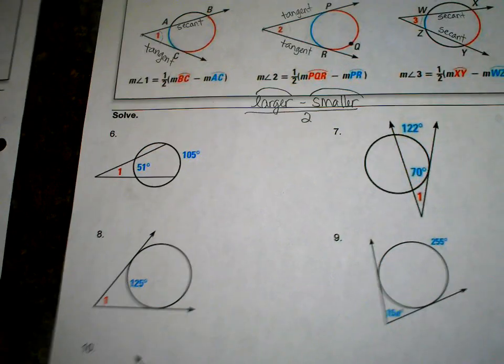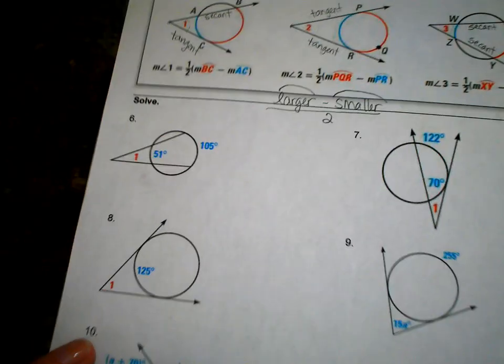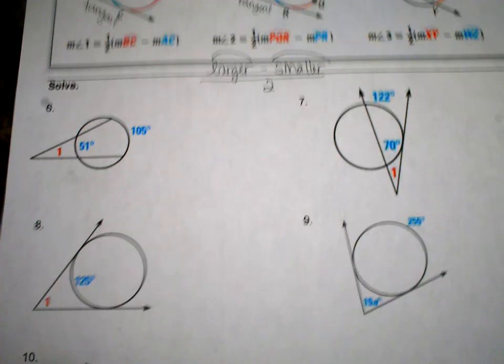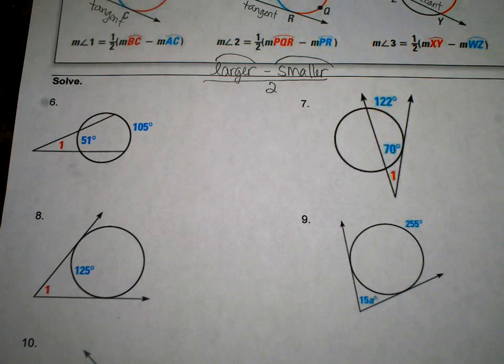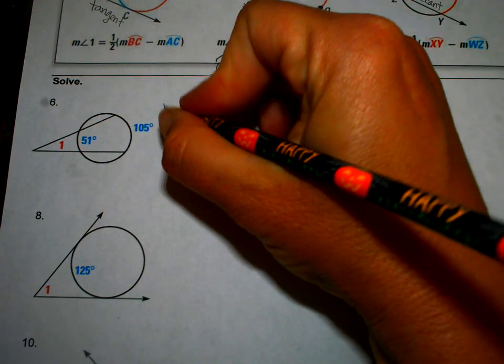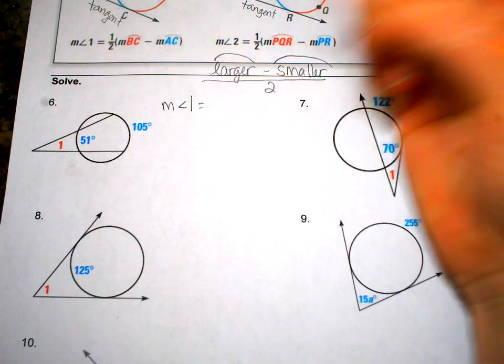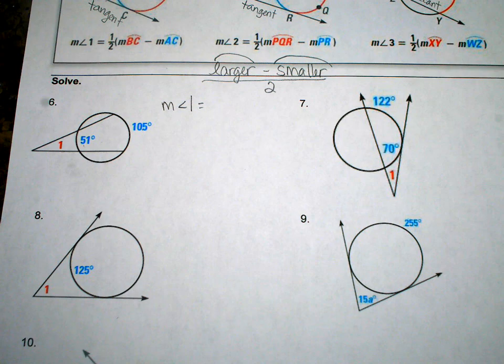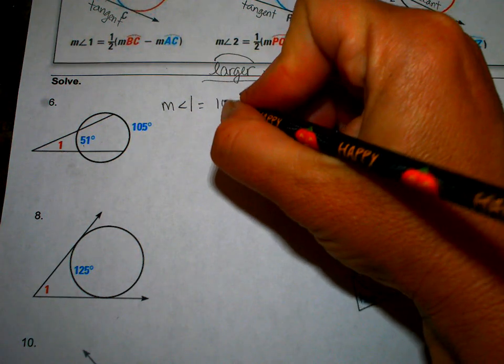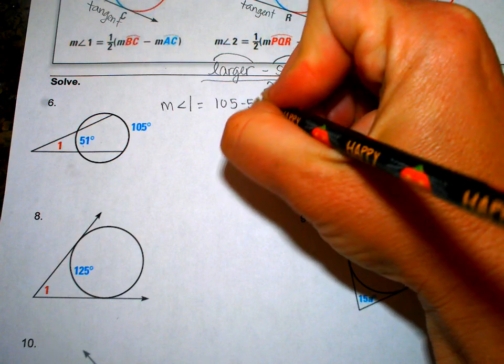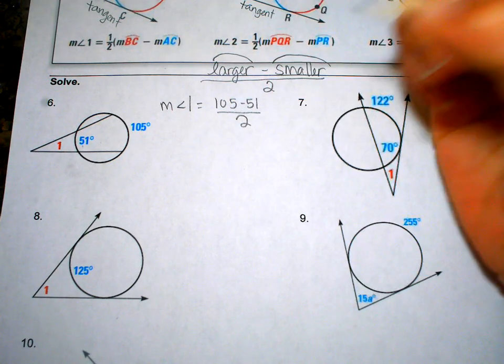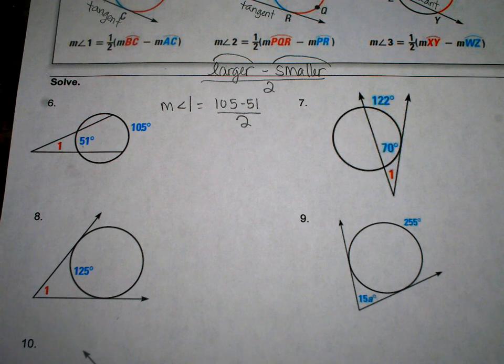Let's start with number 6. I want to know how big angle 1 is. So I'm going to say that the measure of angle 1 is half of 105 minus 51. Okay?